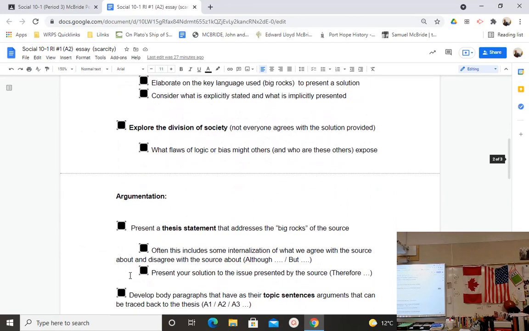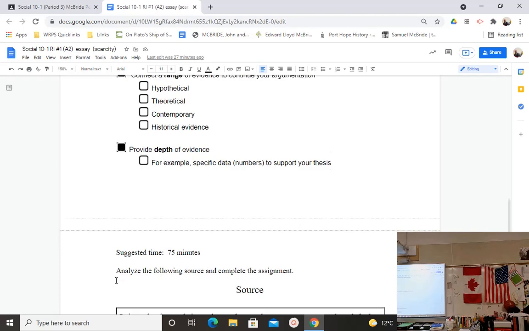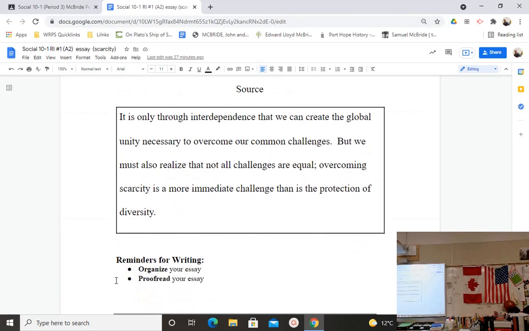But now I think it's logical to talk about the division of society. So the division of society means, much like in the A1, some people would agree with the perspective and some people would disagree. And I think one of the opportunities here is to highlight a little bit more about how you understand the perspective.